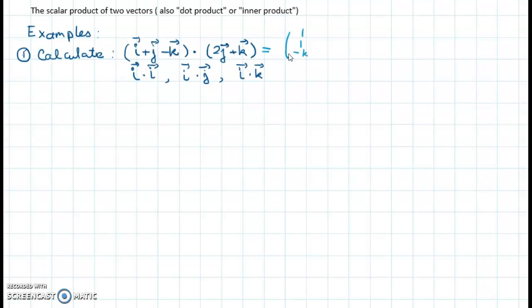So we would have a vector with coordinates 1, 1, negative 1, dot product with a vector with coordinates 0, 1, 1. So now we multiply the corresponding coordinates together. 1 times 0 plus 1 times 2 plus minus 1 times 1. And this gives us 2 minus 1 equals 1. So this is one way of doing it.